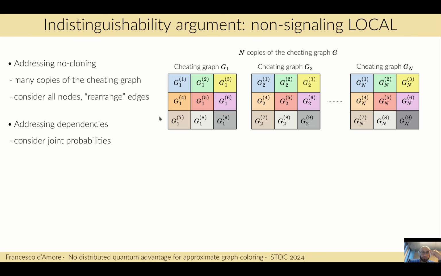And now we cannot just identify a bad region in each of these graphs and glue them together, because there might be dependencies, right? So we consider instead joint probabilities, so sequences of regions of these graphs, and we can prove, and it is non-trivial, that there is a sequence of regions of these graphs that has a high failure probability.